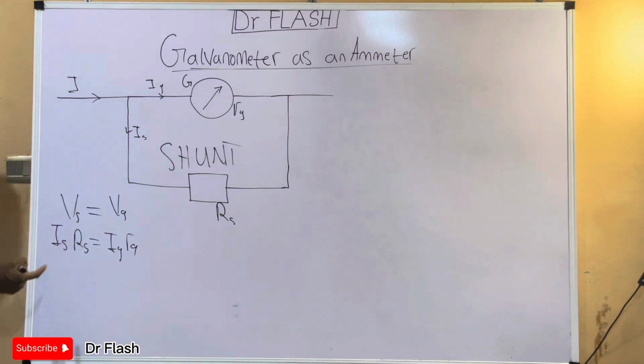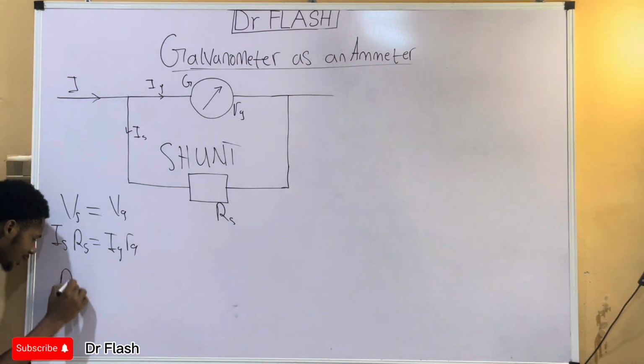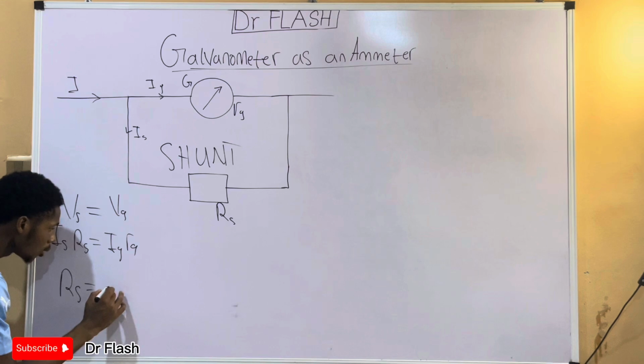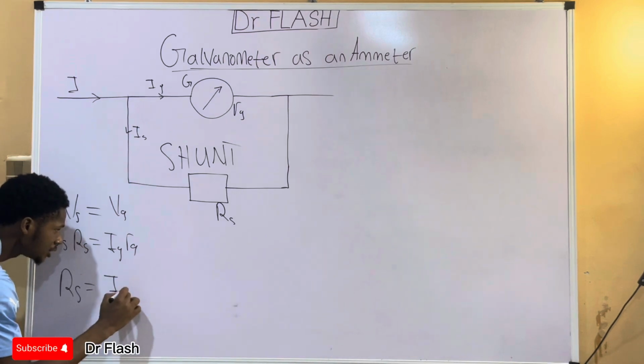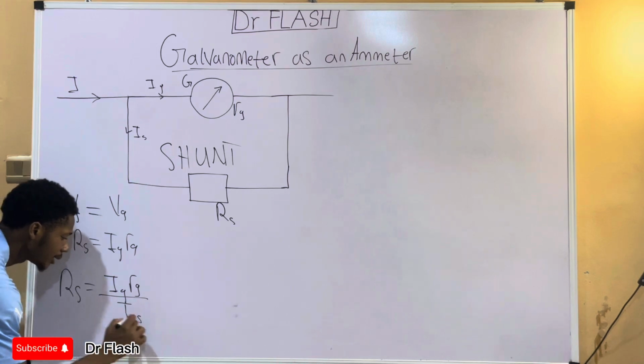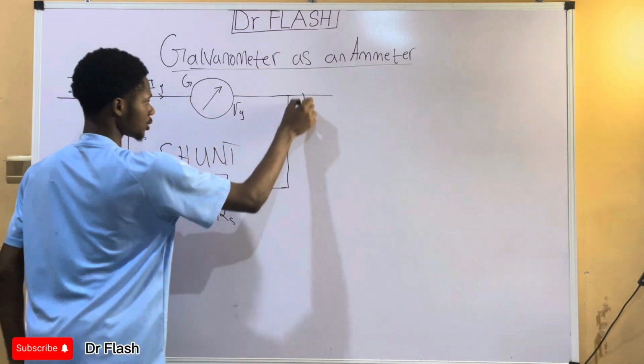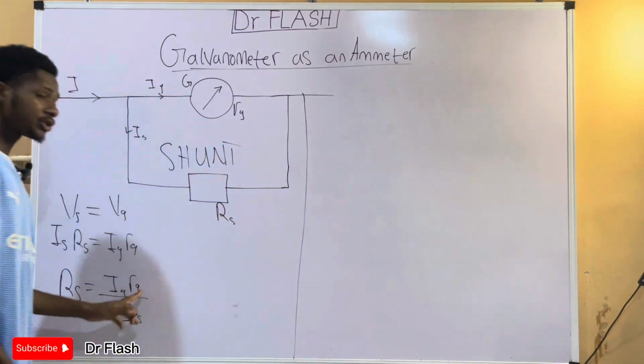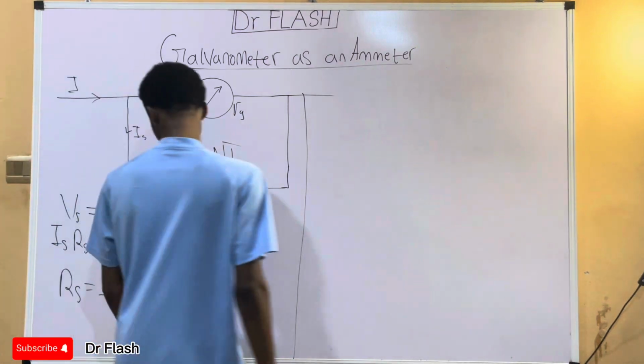Now Rs is what we're looking for, so we make Rs the subject. That means Rs is going to equal Ig times Rg divided by Is.